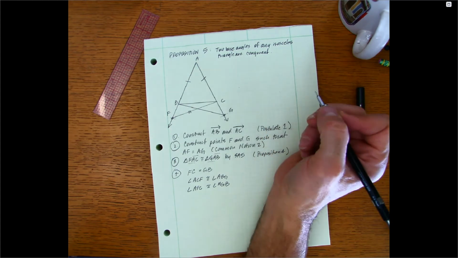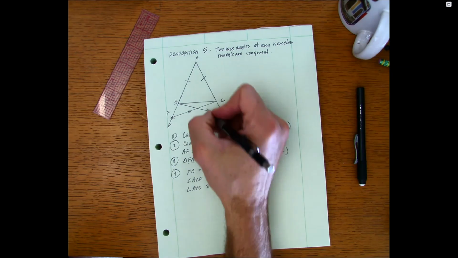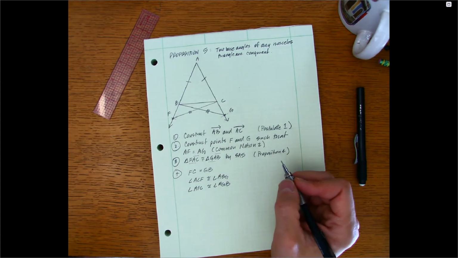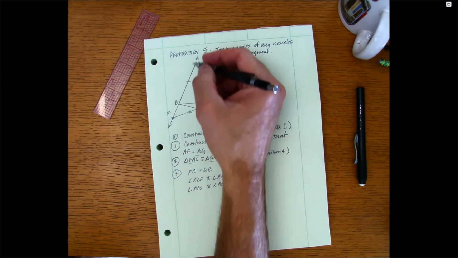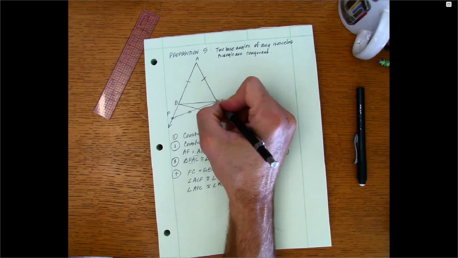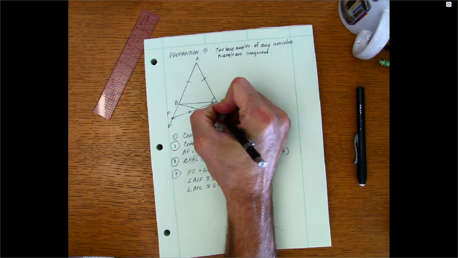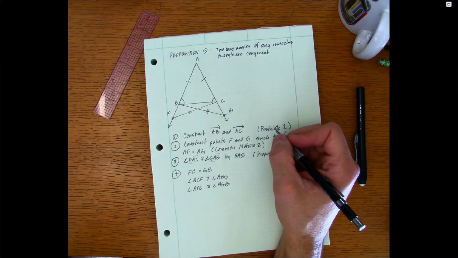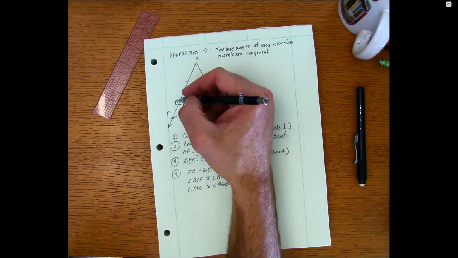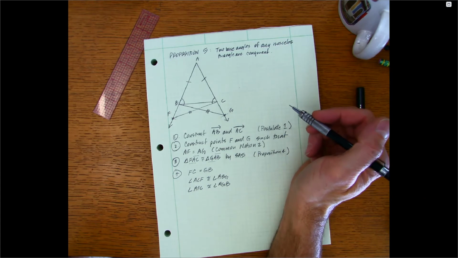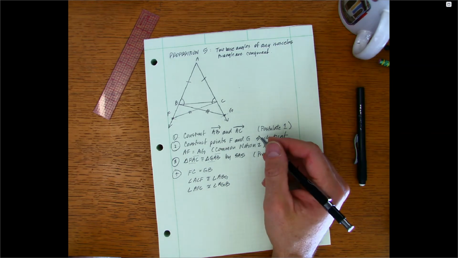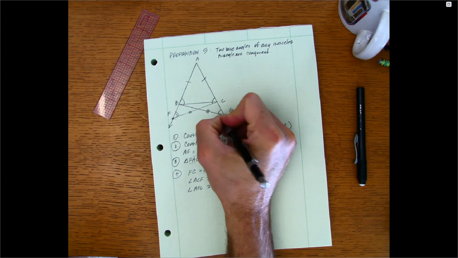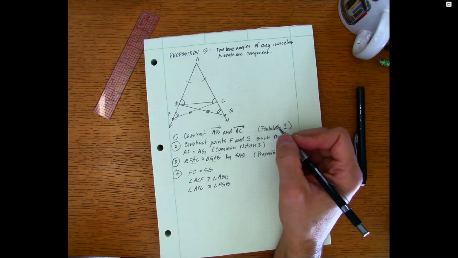It's got to be congruent to this distance here. So that's this statement. ACF, so this whole angle here has to be congruent to this whole angle here, ACF, ABG. And then AFC, so this whole angle here has got to be congruent to this whole angle here.